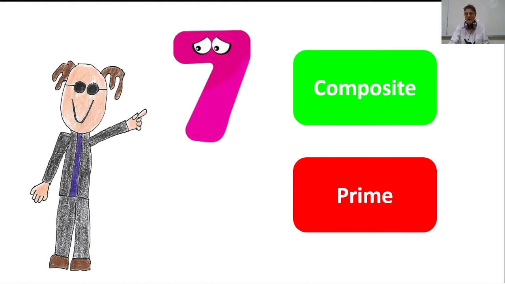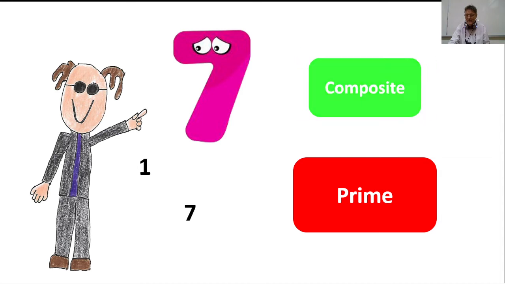How about 7? Is it a composite or prime? What do you think? It is divisible by 1, and it is divisible by itself. Anything else? Any other numbers? No, of course not. So is it composite or prime? Yes, well done.